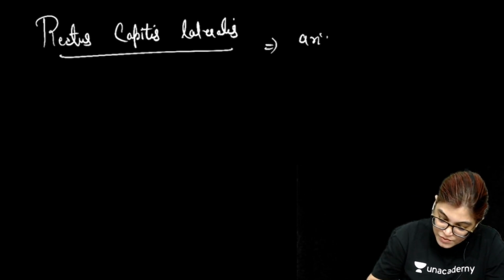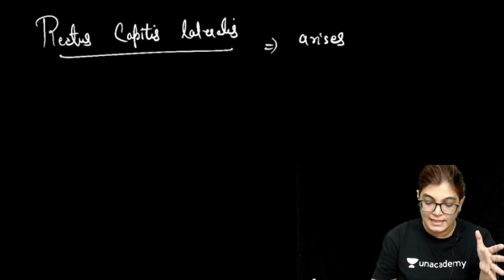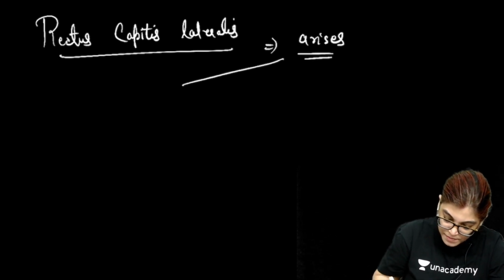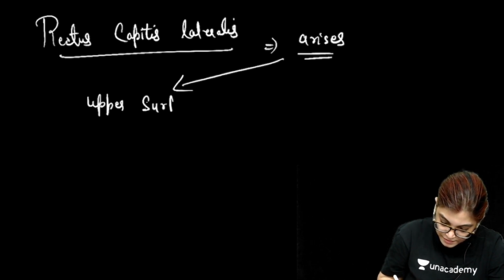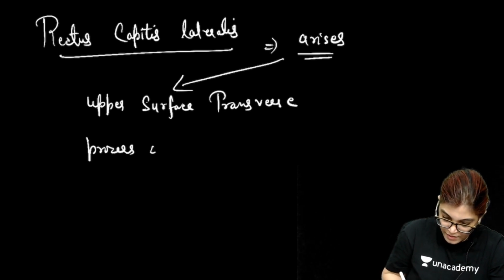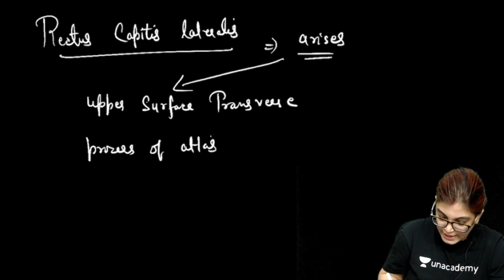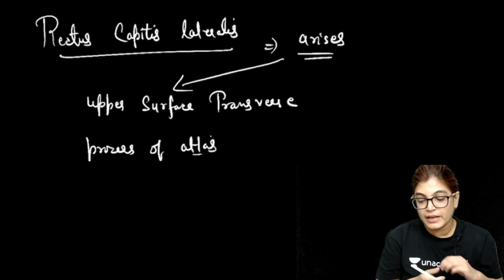It arises from the upper surface of the transverse process of the atlas cervical vertebra, and thereafter it runs laterally upward.